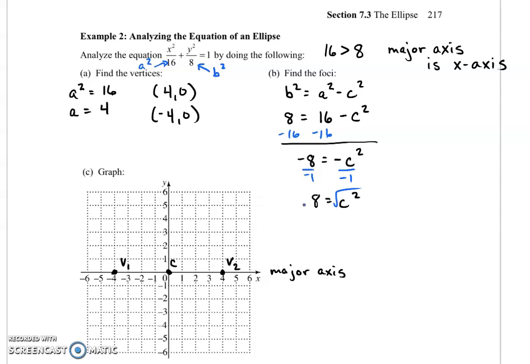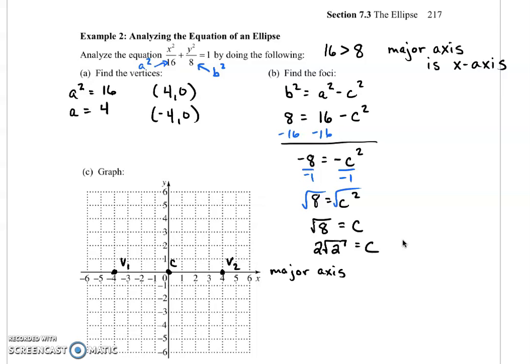Then we have to take the square root of both sides, and we get the square root of 8, and technically it's plus minus, but we're really talking about distances here, so just plus is c. Break down the square root of 8, that is 2 square root of 2 is our c.